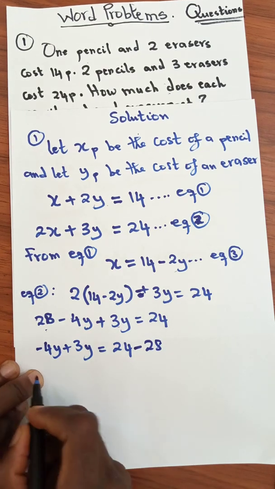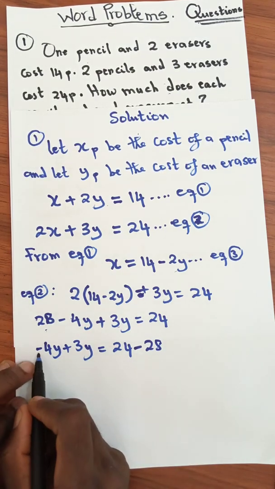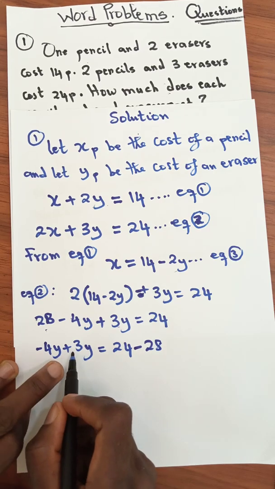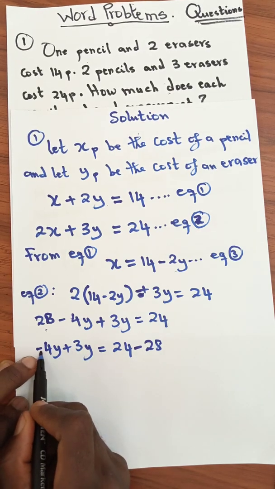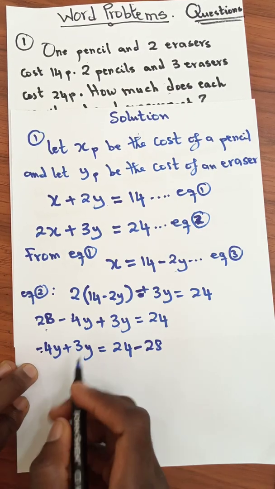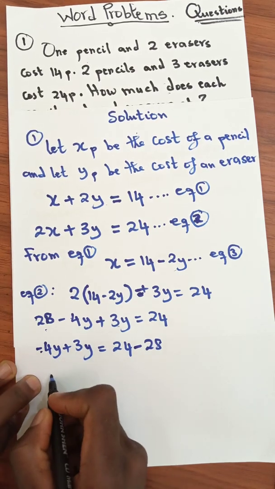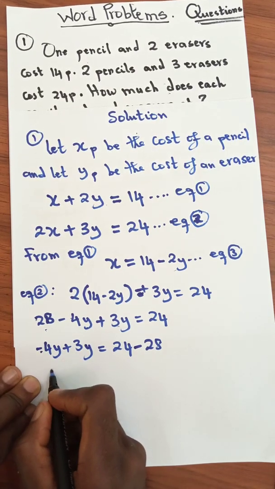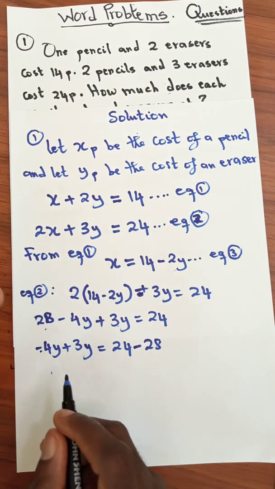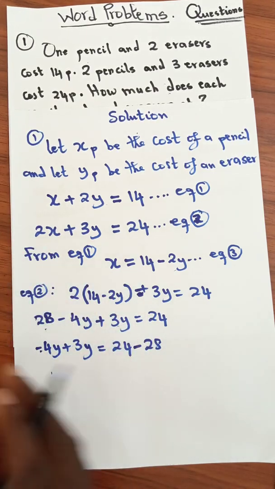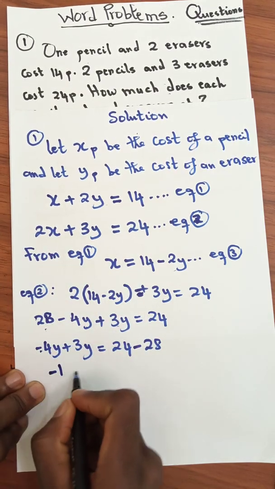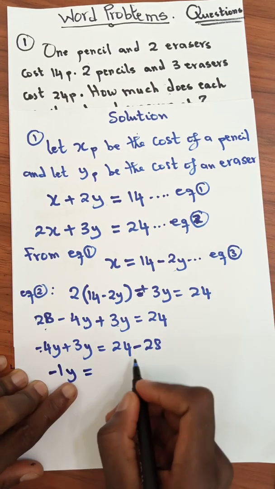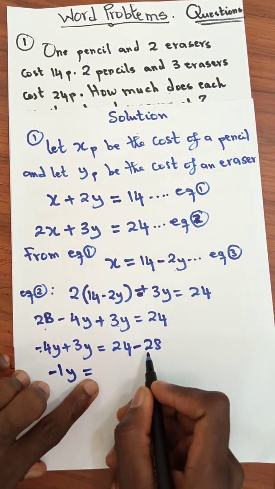Okay, and so from here, let's do the algebra. Minus 4y plus 3y. It's just like minus 4 plus 3. Minus 4 plus 3 is minus 1, right? So minus 4, you are owing 4, and then you're able to pay 1, you still owe 1. So minus 1y is equal to 24 minus 28.